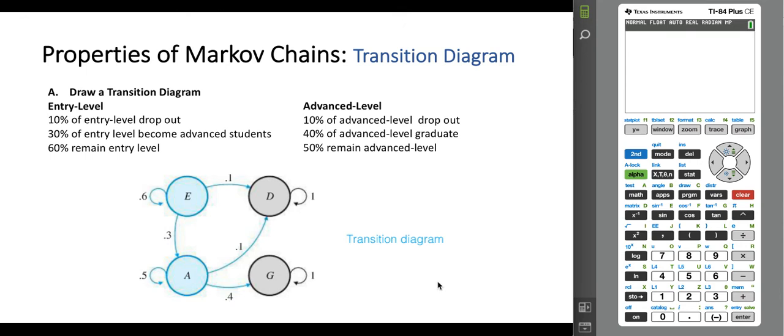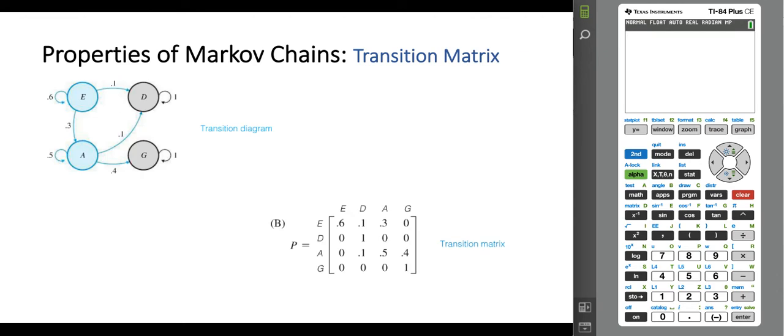Okay, the next step is to take this information and make our transition matrix. So remember those states: entry level, dropout, advanced level, graduate. Those are going to be the same when we label the rows and columns. So look at this information. What's happening?